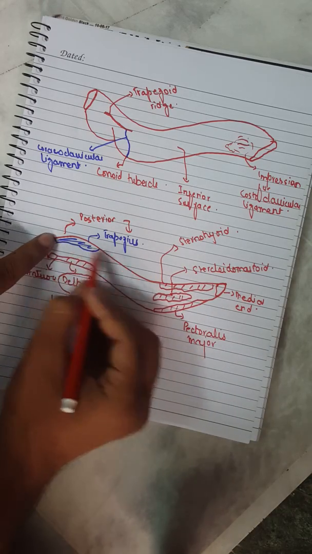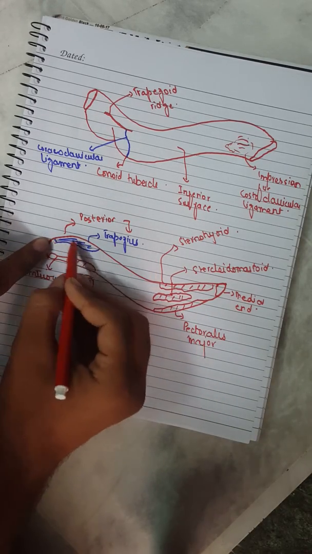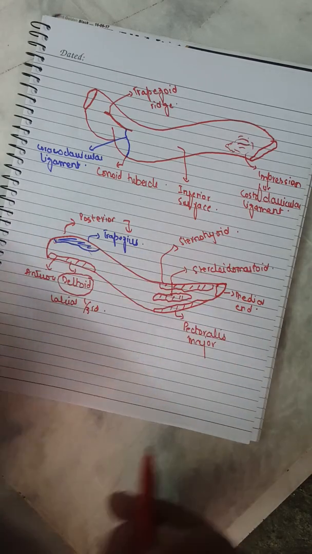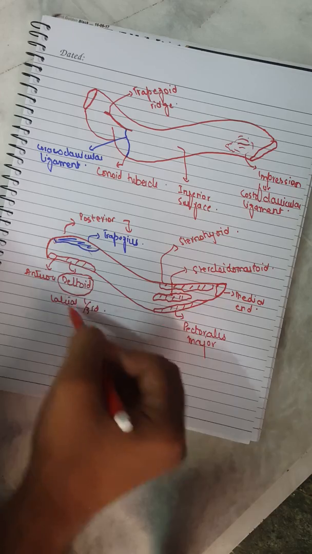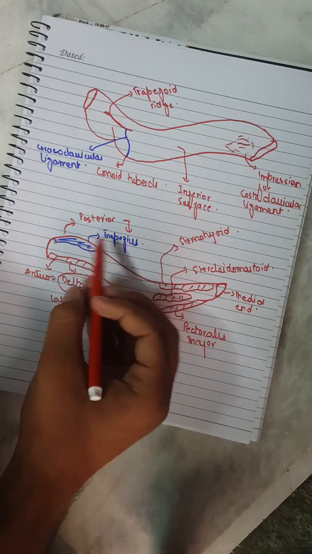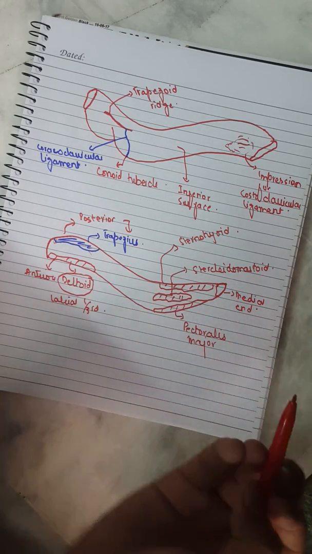I have drawn the trapezius muscle in blue because it shows the insertion of trapezius on the clavicle.